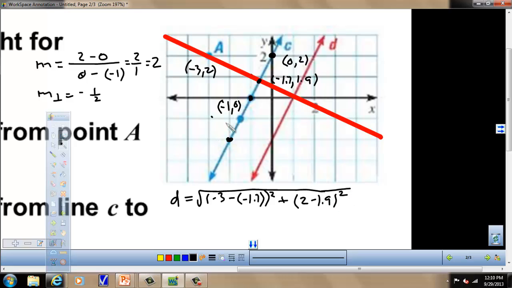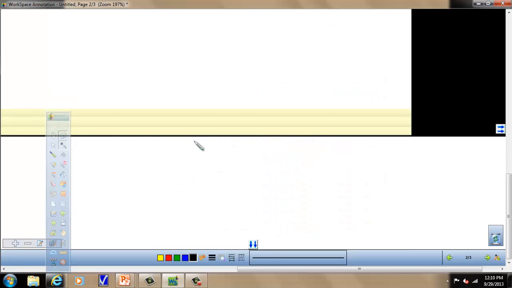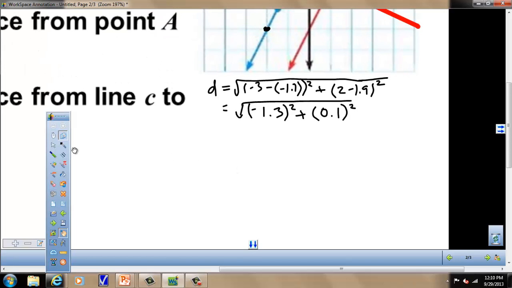And if we do that, I'm going to have to get out my calculator. Let's see. That gives me approximately -1.3 squared plus 0.1 squared. Oops, sorry. I gotta scooch up now. Okay.